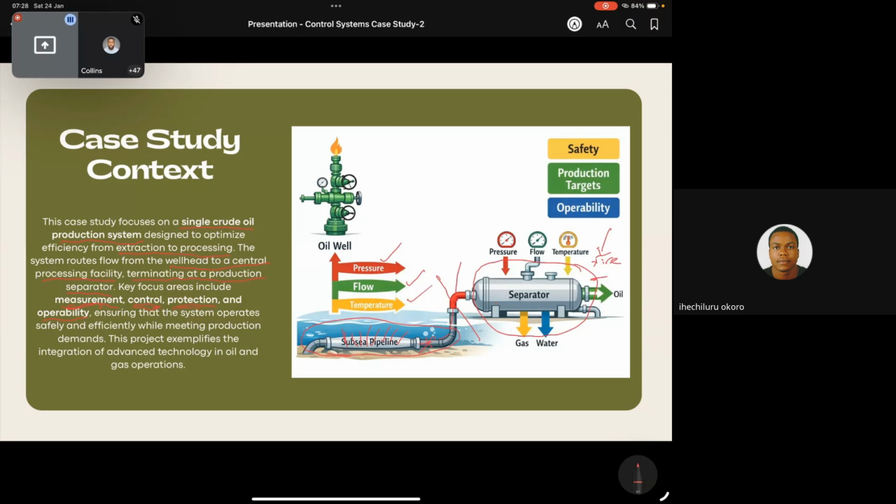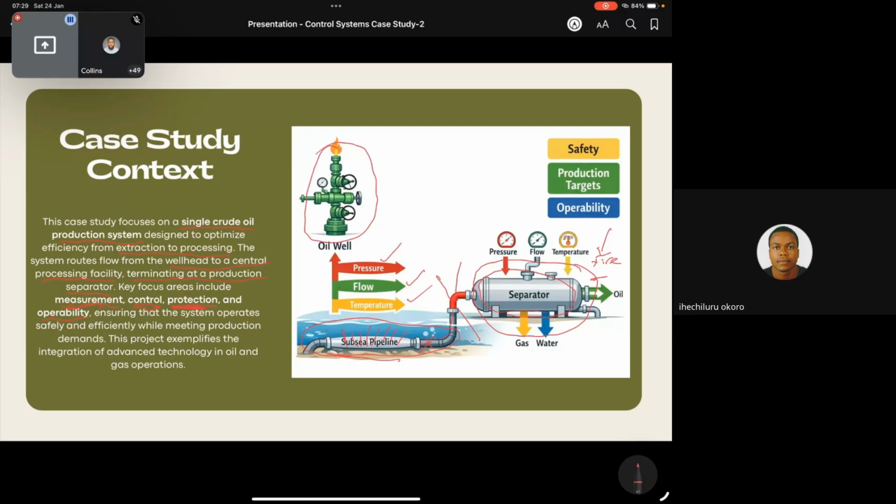Then it needs to protect. So I just mentioned protection of the pipeline. Also, this tank needs protection. This wellhead is an economic asset. It needs protection, right? Not necessarily protection from theft, but protection from anything that can stop it from producing in the first instance, and then protection such that it will not constitute a hazard to humans that are operating this process.